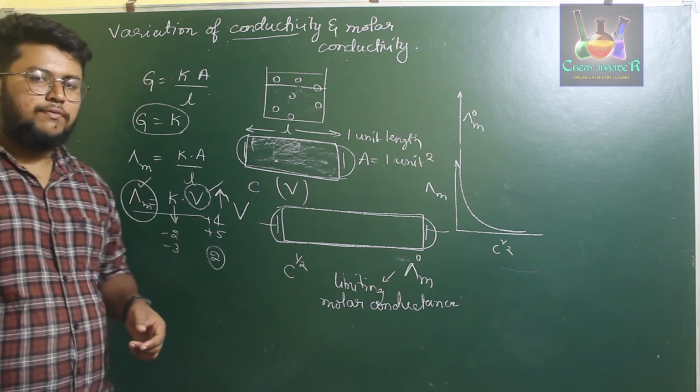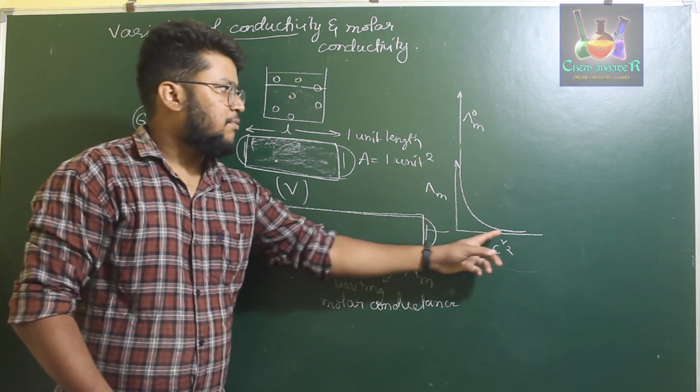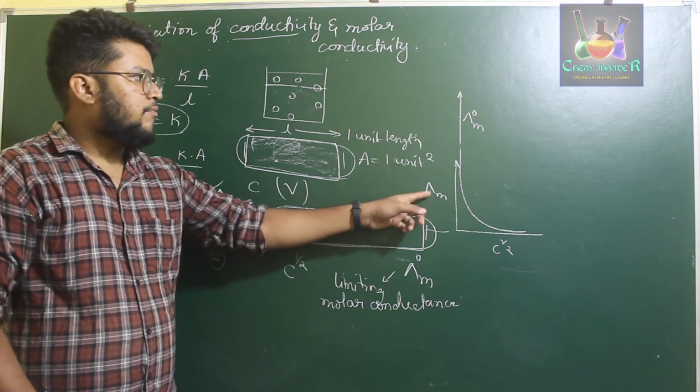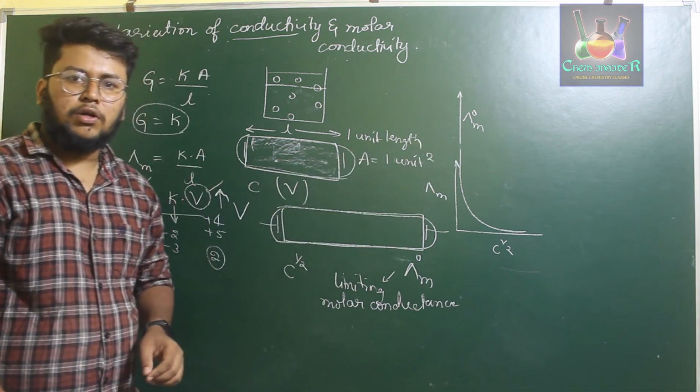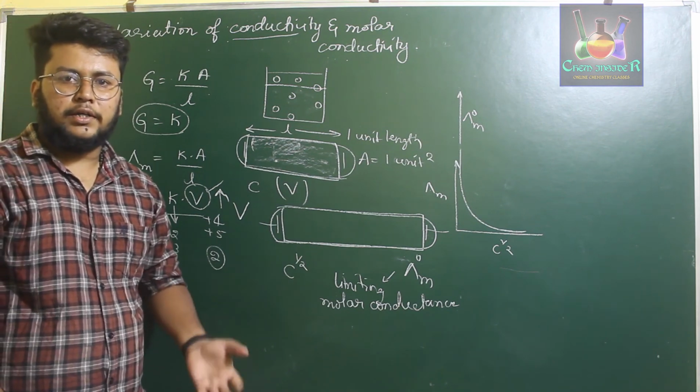Therefore, if you plot a graph of lambda m versus c to the power 1 by 2, it decreases. At concentration 0, lambda m will be a value called lambda m naught, known as limiting molar conductivity or limiting molar conductance.